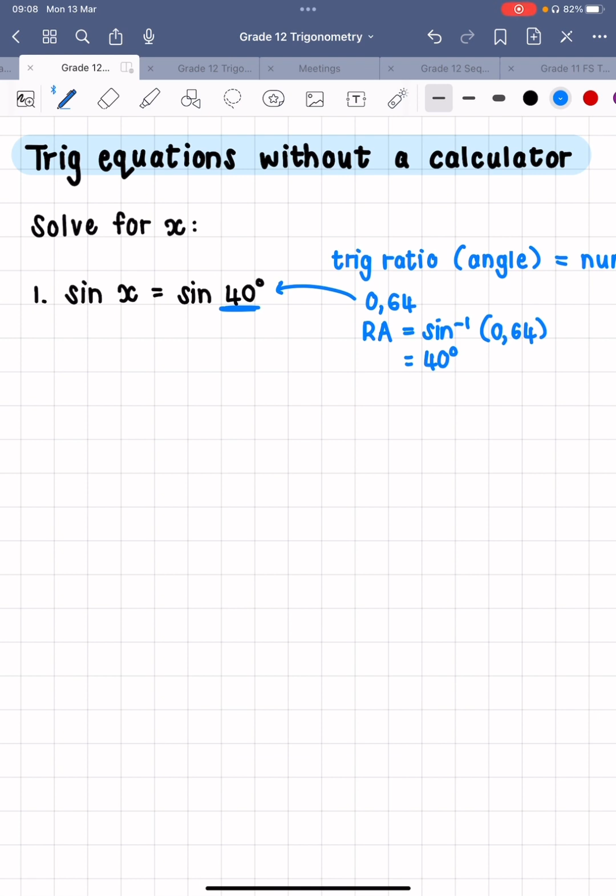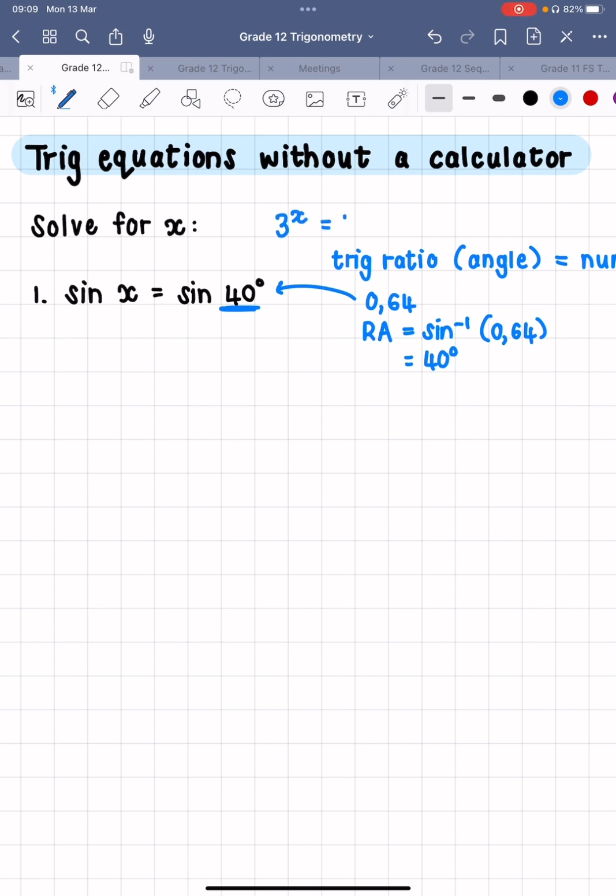Alright, so guys, what I'm trying to show you here is that instead of typing into the calculator sine 40, getting an answer, then using your calculator again to do your reference angle, shift sine of this number, you actually can already see what the reference angle is just by looking at the equation. Guys, I'm going to remind you of exponential equations.